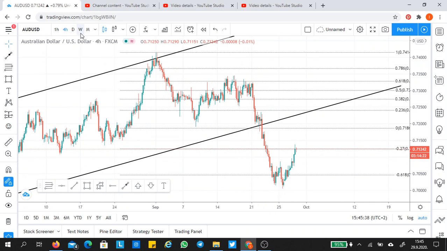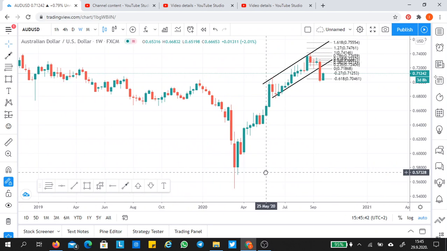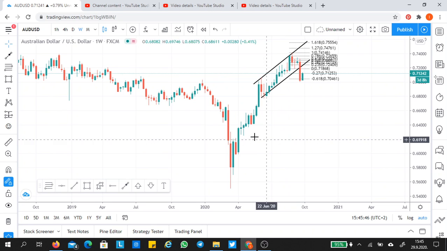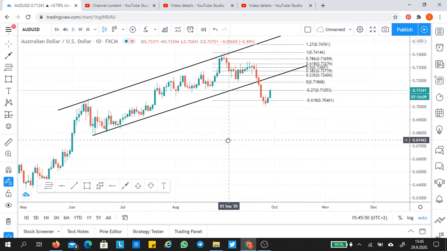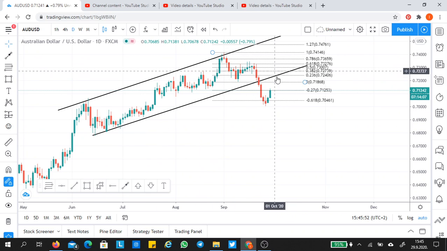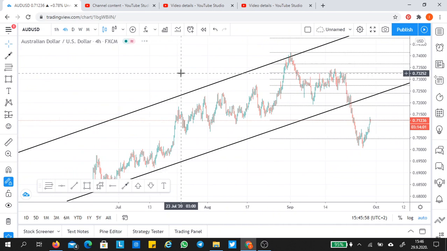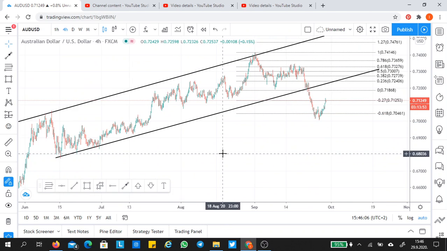I'm still convinced that the Aussie is bullish in the long term, but I'm not sure that this correction is over, so I'm not jumping in long immediately. I want to see more confirmations to enter long, and for now I will not be pushing or trading. So we'll see how the Aussie will develop.